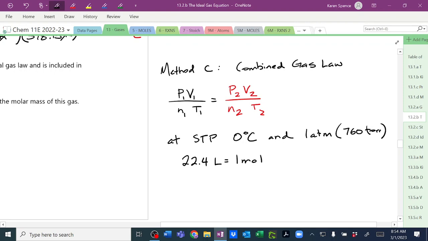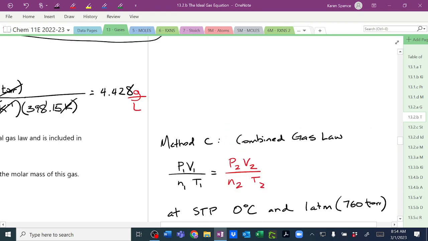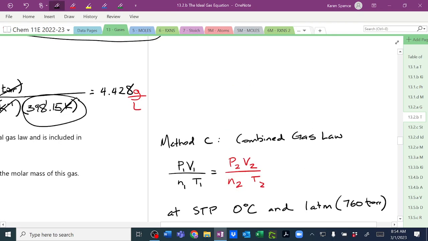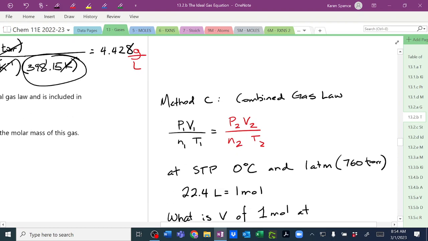Now, what we can ask ourselves is, what is the volume of 1 mole at, instead of 0 degrees Celsius, 398.15 Kelvin?